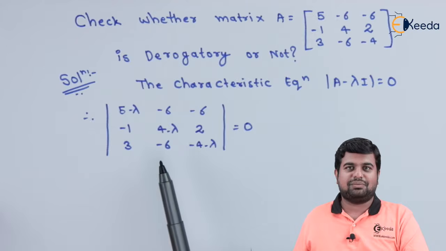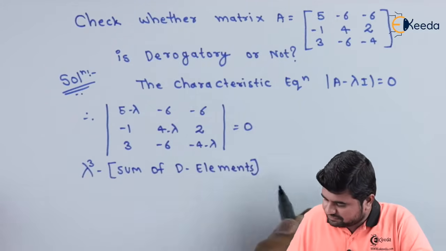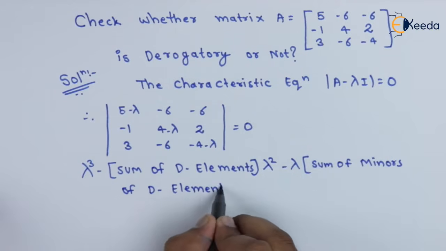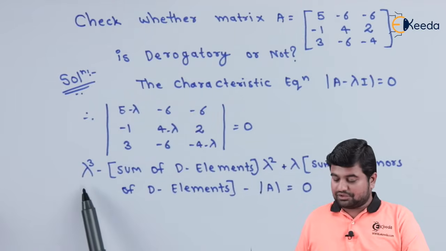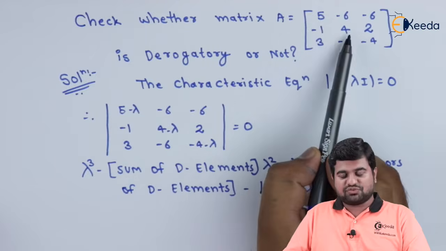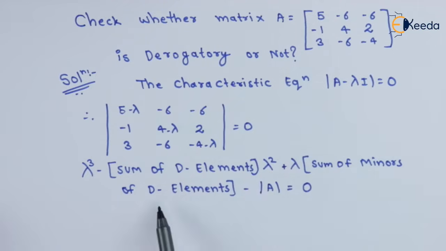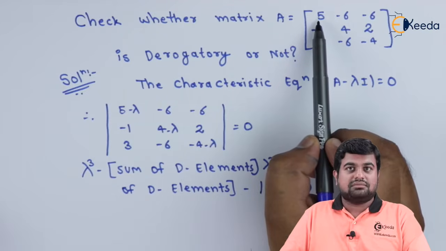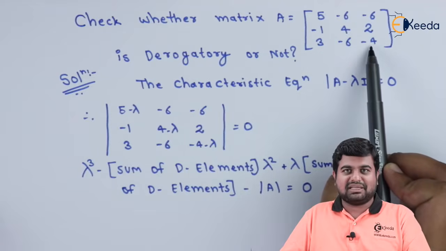Let us write down the formula. We have lambda cube minus sum of all diagonal elements, which is 5 plus 4 minus 4, which is equal to 5, and then plus sum of minors of all diagonal elements. So I am going to write down minor of 5 plus minor of 4 plus minor of minus 4.